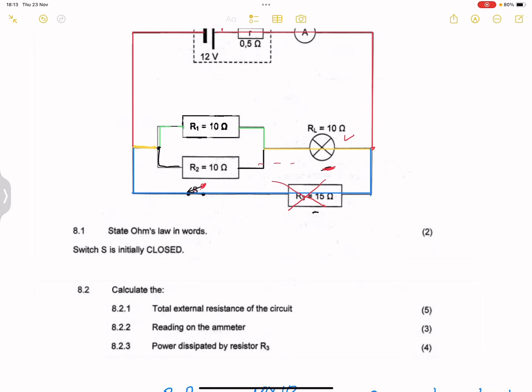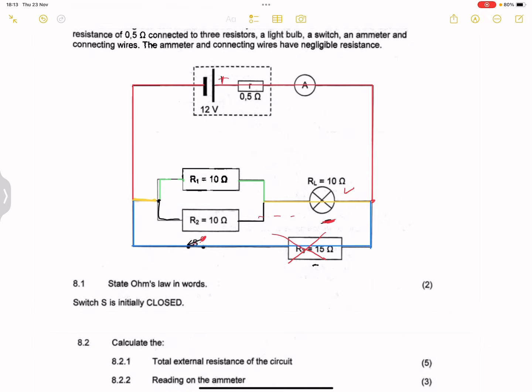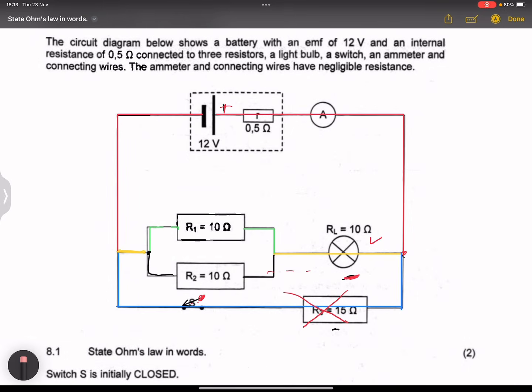Right, so when we increase the resistance, what happens to the total current? The total current decreases, but you do remember that the current that was passing through the resistor had to split between these 2 points, right? So there was current passing through here, and there was another current passing through there.